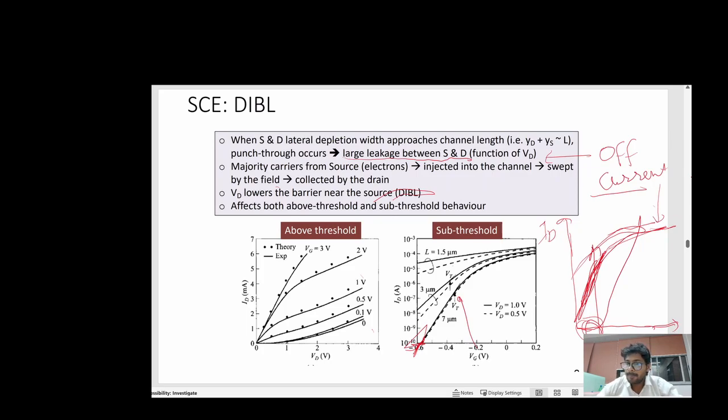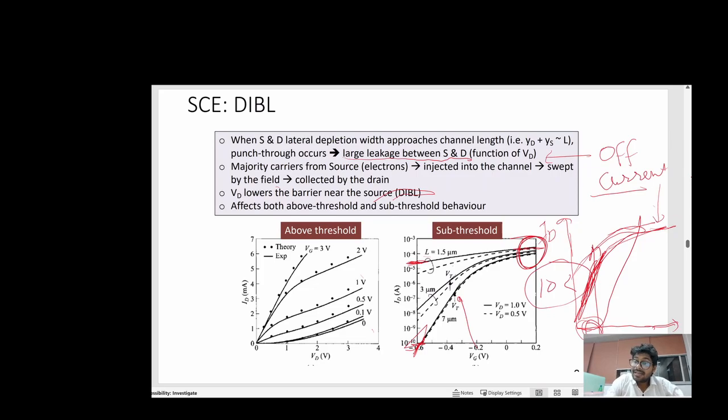When you apply voltage at the gate, that is the on current. Can you see the off current for this channel is very high. So the on-off ratio is less than 10.